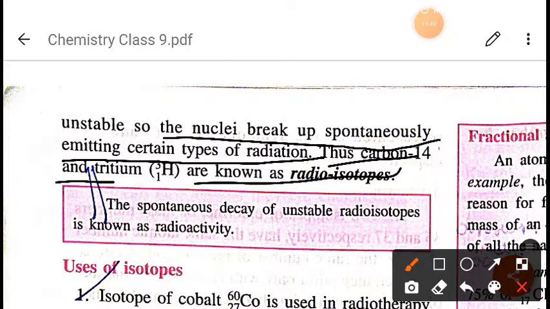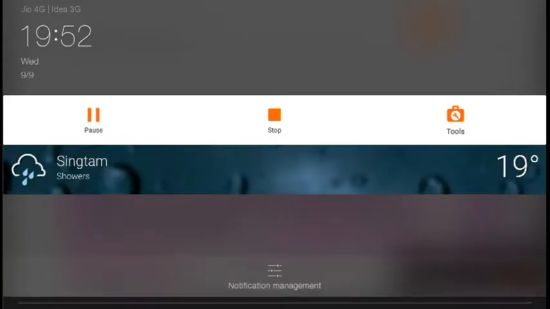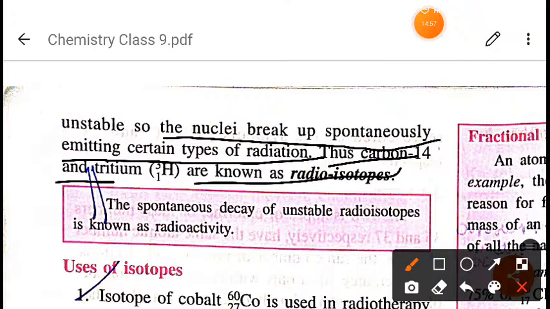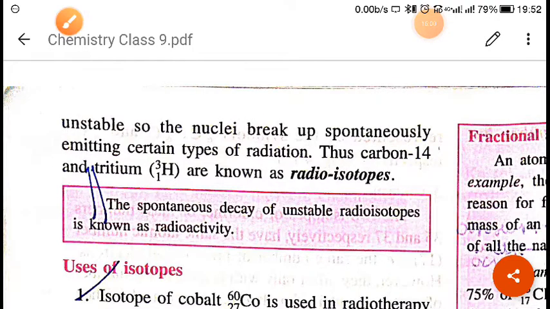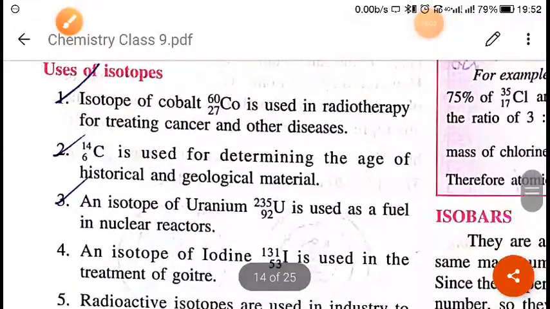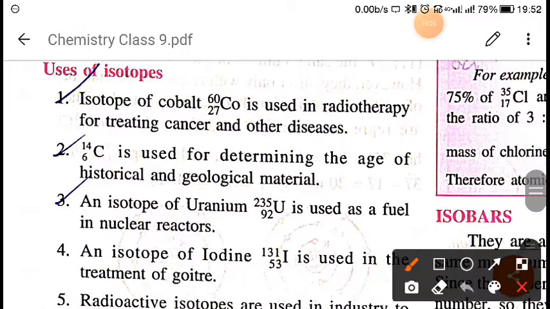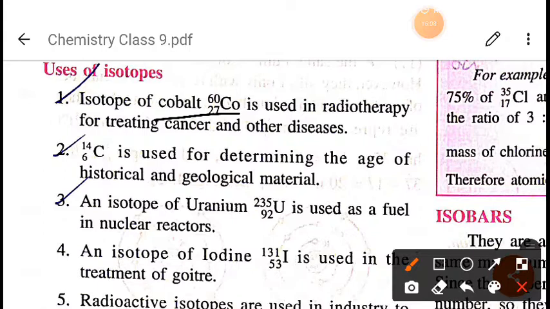Now again, if you see the uses of isotopes, there are so many uses. The first use is isotopes of cobalt. Cobalt-60 is used in radiotherapy for the treatment of cancer and other diseases.